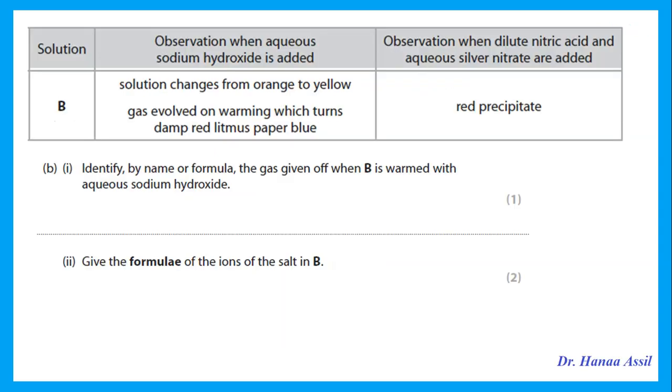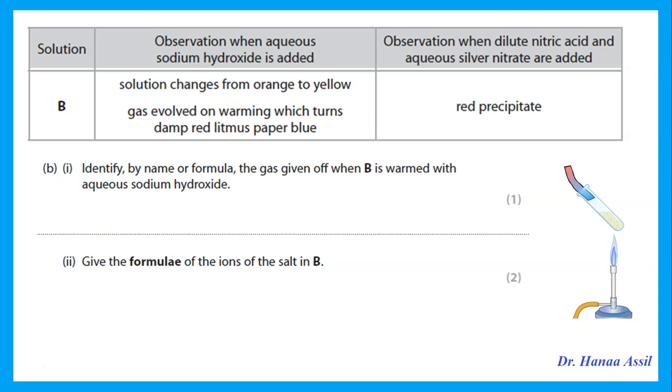Okay, then he says I have another solution called B. And he says when he added aqueous sodium hydroxide, the solution changes from orange to yellow. And the gas evolves on warming, which turns damp red litmus paper to blue. Now, which gas on warming turns damp red litmus paper to blue?